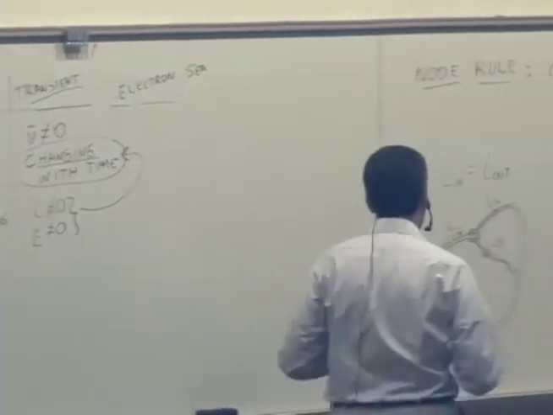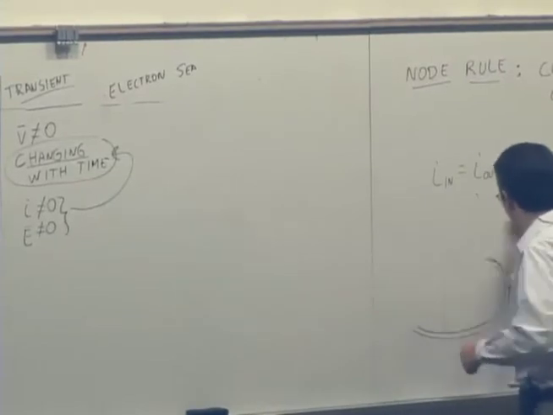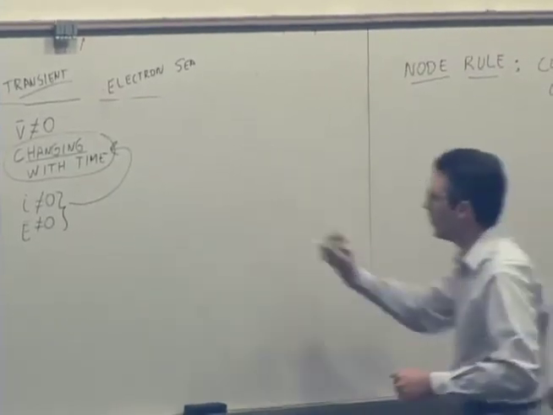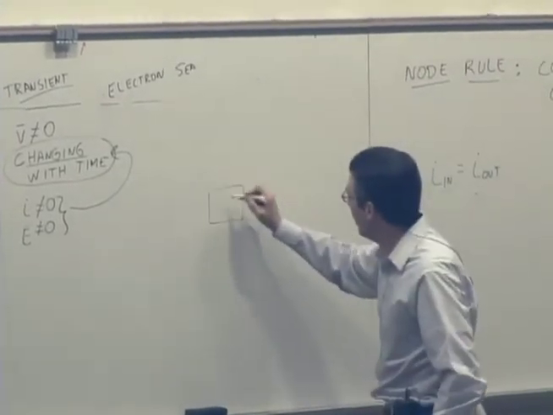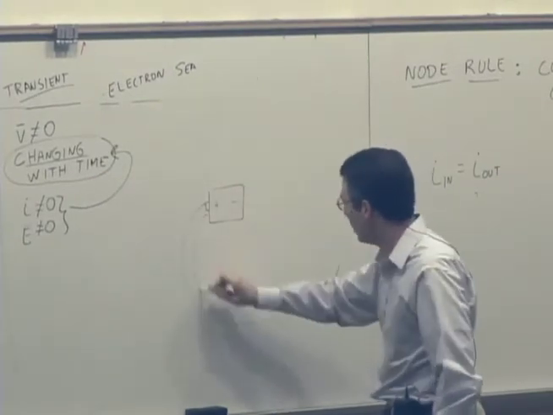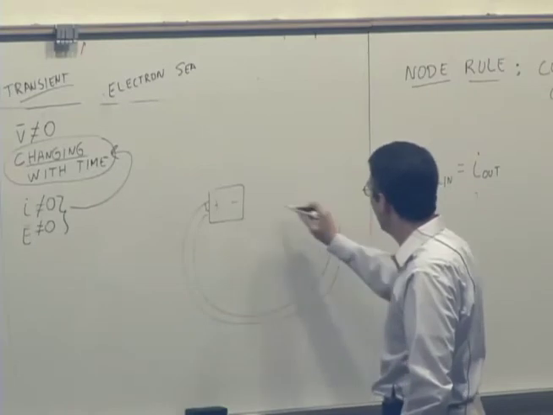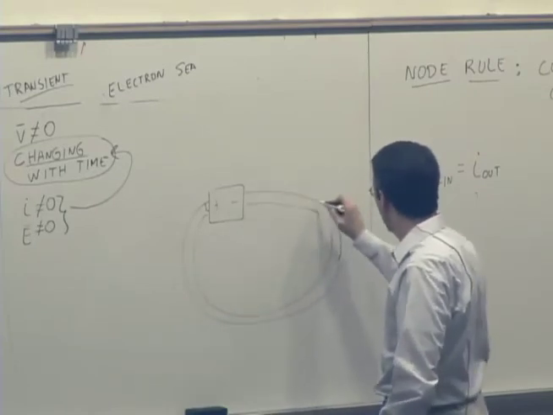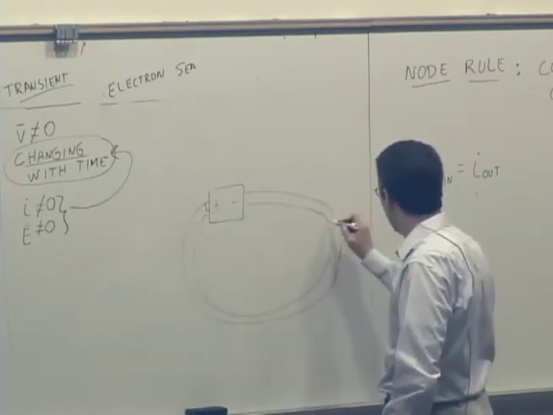Here is, let's draw that circuit again. So here's the battery, and here's the light bulb.